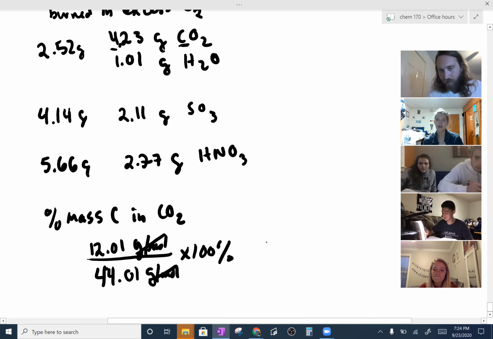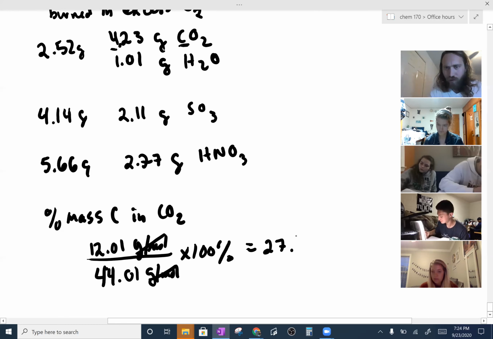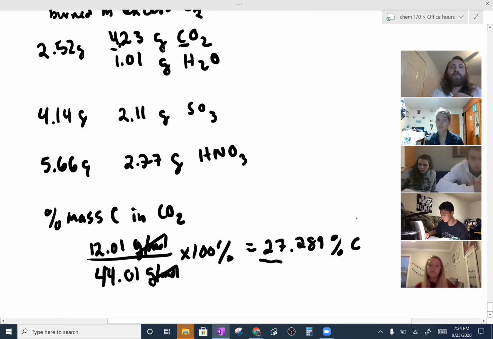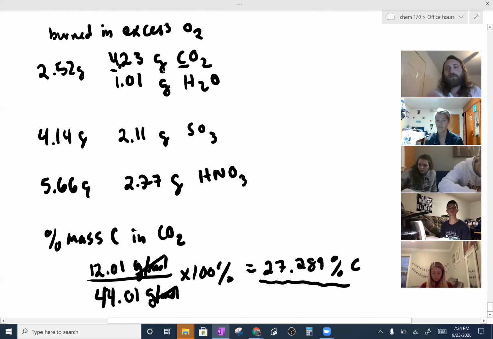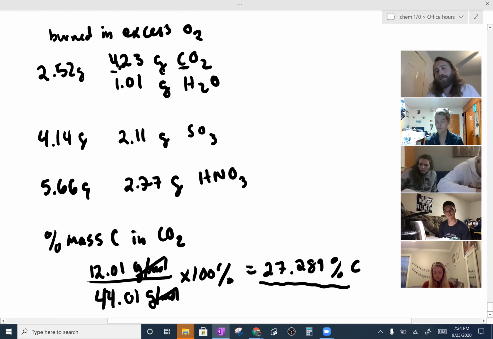This is equal to 27.289% carbon. Okay, now I can use this percent mass up here with this 4.23 grams of CO2 to calculate how much of that mass is actually carbon.